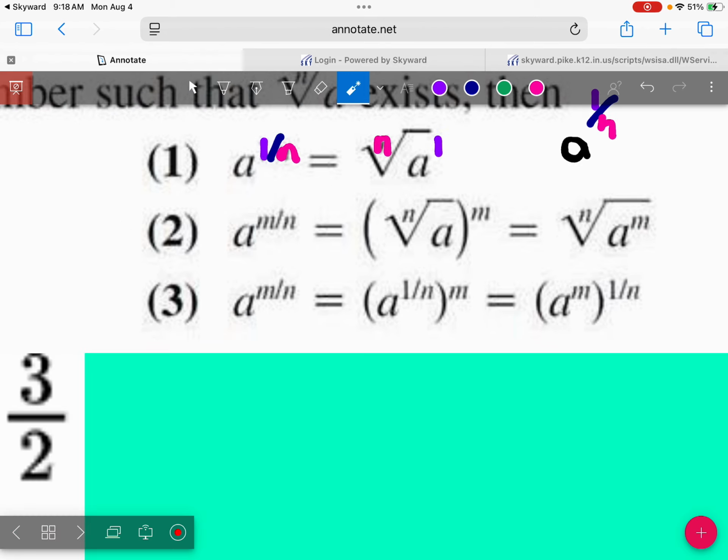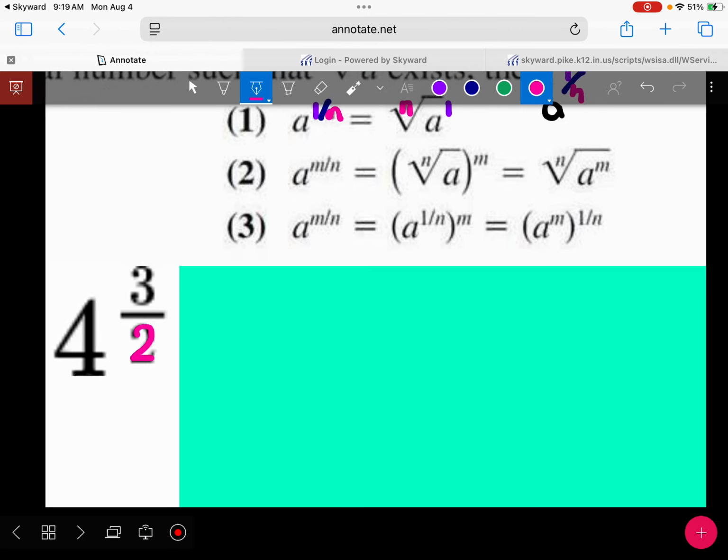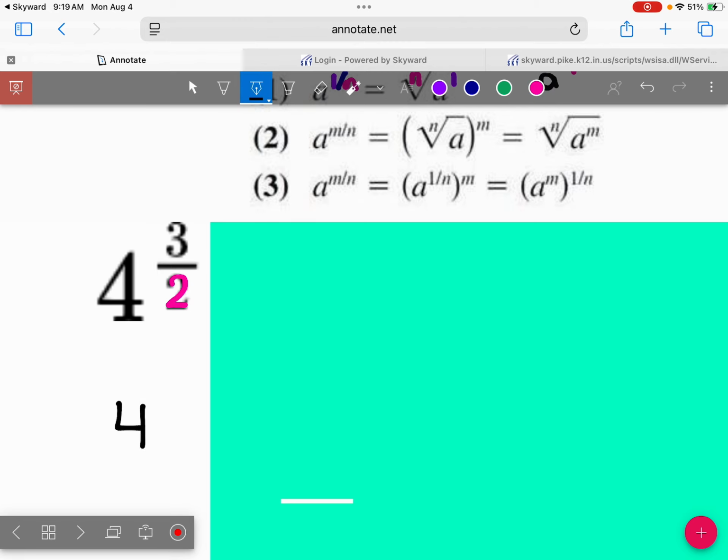So if we look at something like this down here, 4 to the power of 3/2, this denominator here is our index. So that means we're looking at 4 inside a square root, because our index is 2. You can put the 2 or you don't have to. And you can think about this being cubed out here.